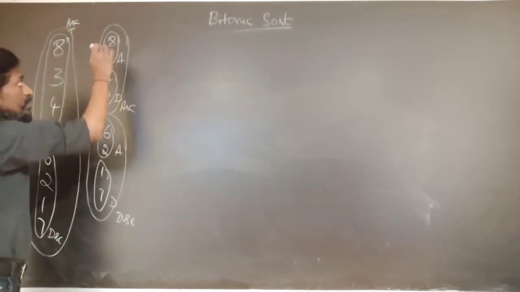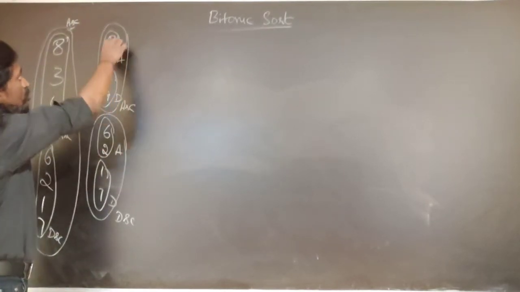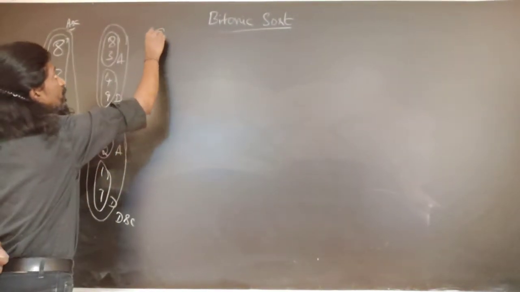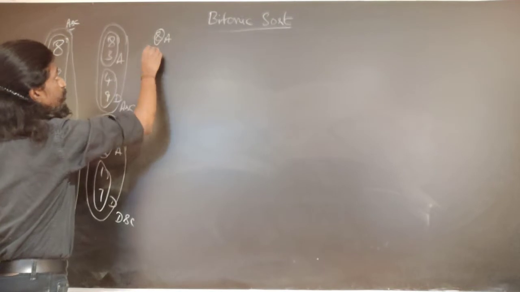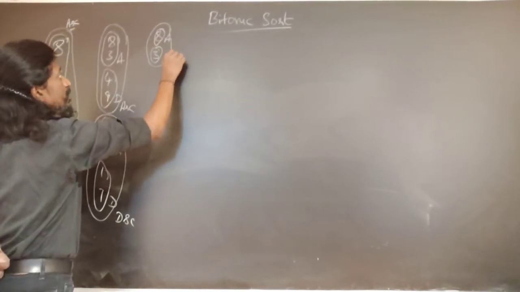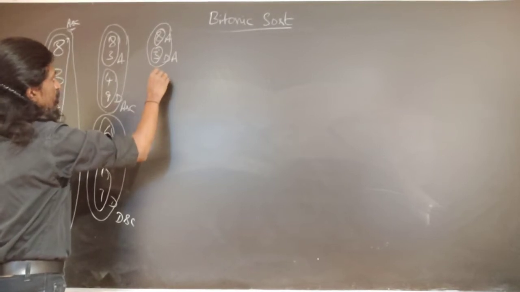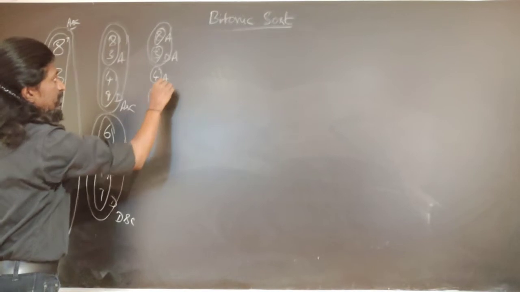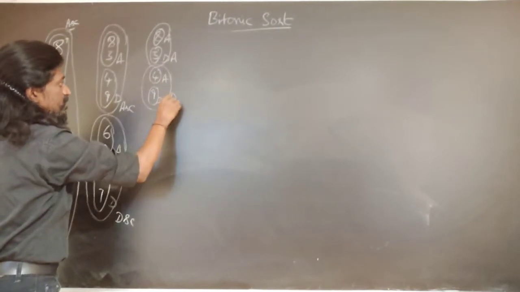Okay, so now since these 2 elements are not in ascending, they are not in descending, we will further divide it. 8 in ascending, 3 descending, and these 2 elements in ascending, 4 in ascending, 9 in descending, and these 2 elements in descending order.